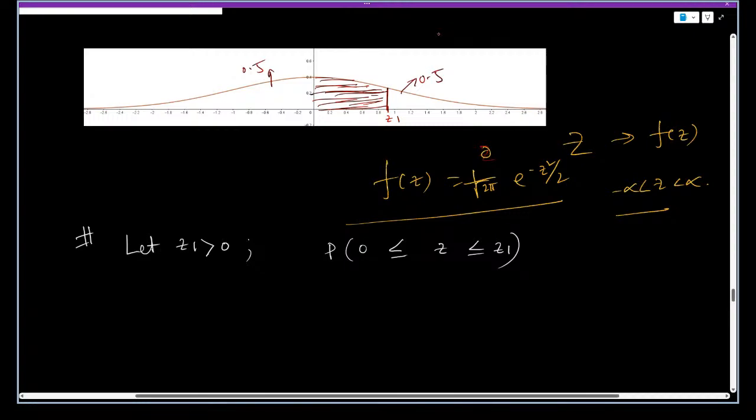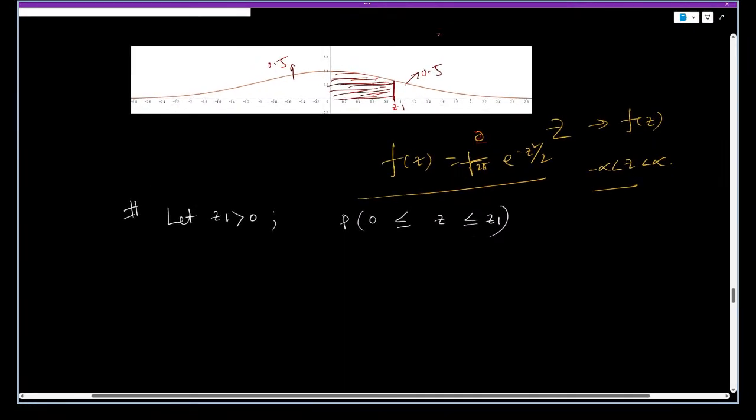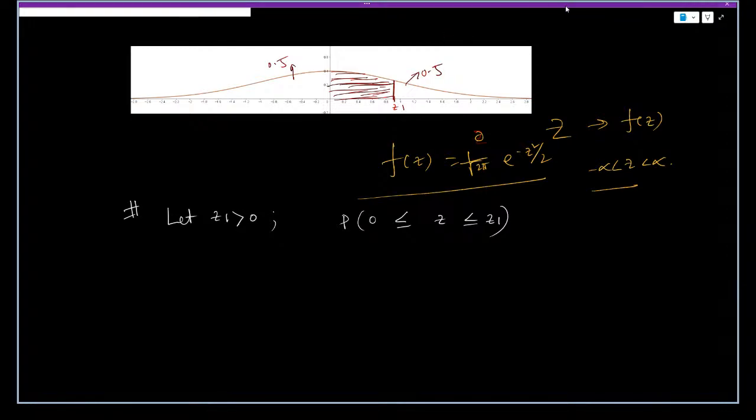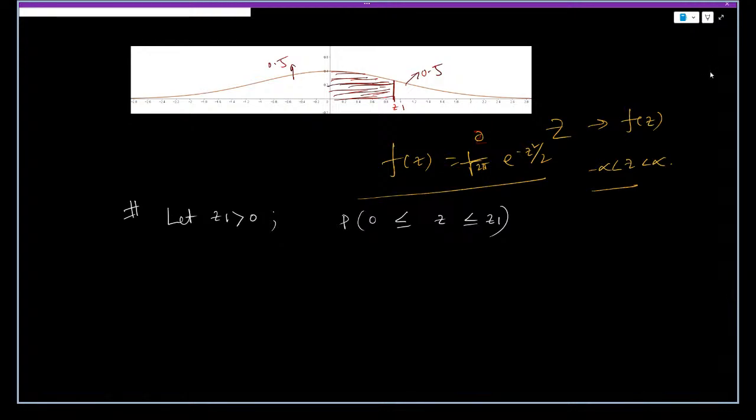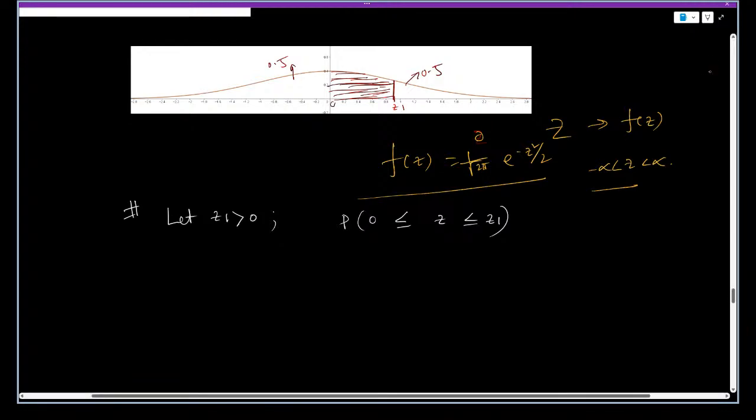So it is relative. Whatever table is given, you can find it. If the table is given from minus infinity to Z1 directly, then from there you subtract the probability of the left portion. But the meaning is this: between 0 and Z1, the probability is equal to this area.